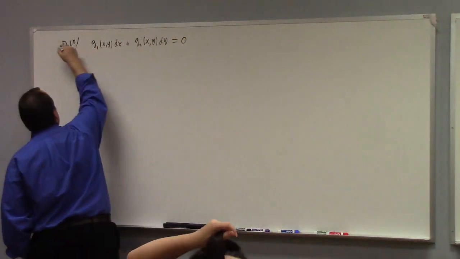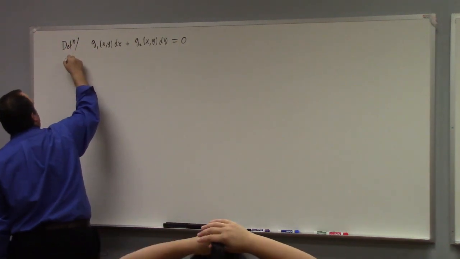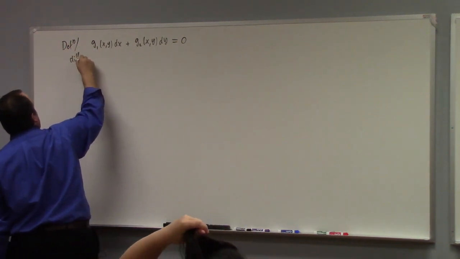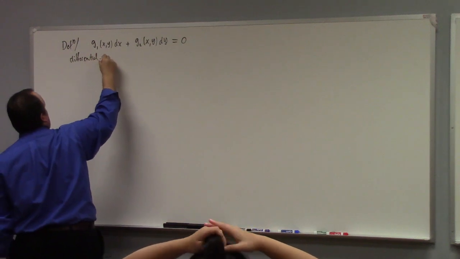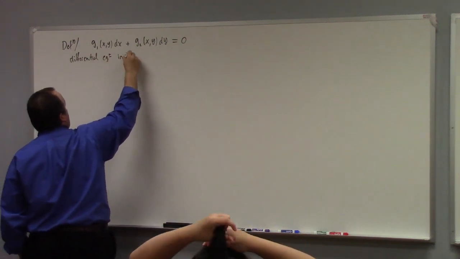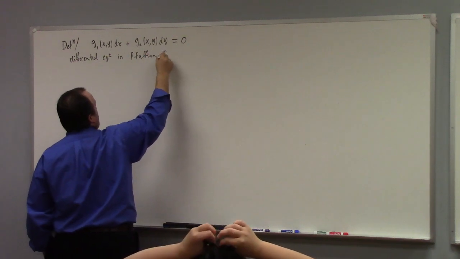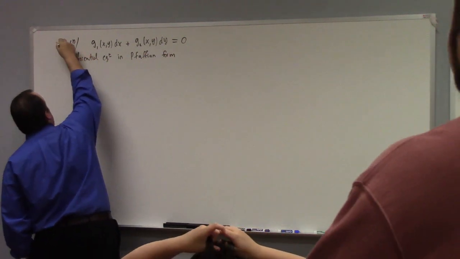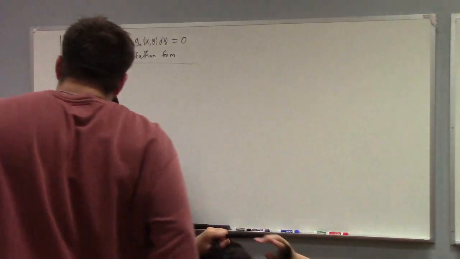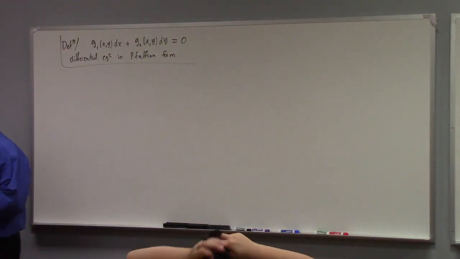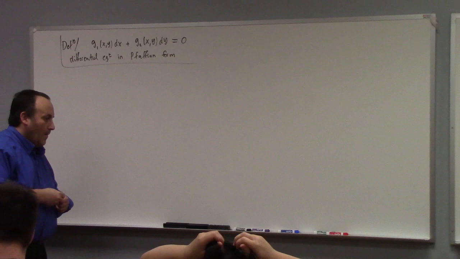This is a differential equation. I call it the Pfaffian form. You might not see that language in your differential equations book, but there's a fellow named Pfaff who studied these things in some depth.